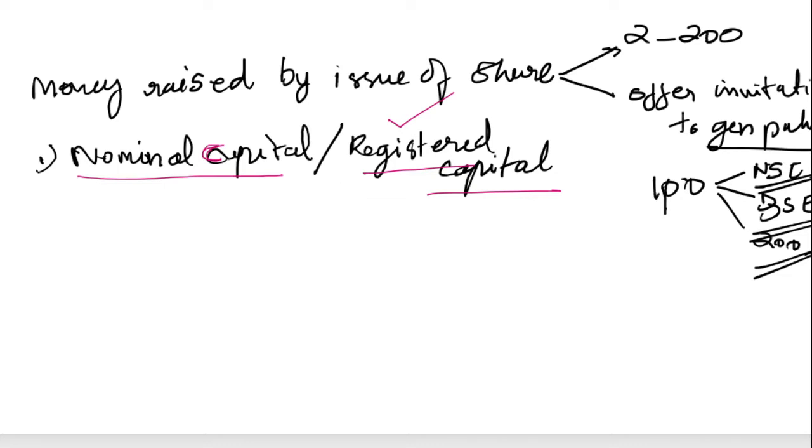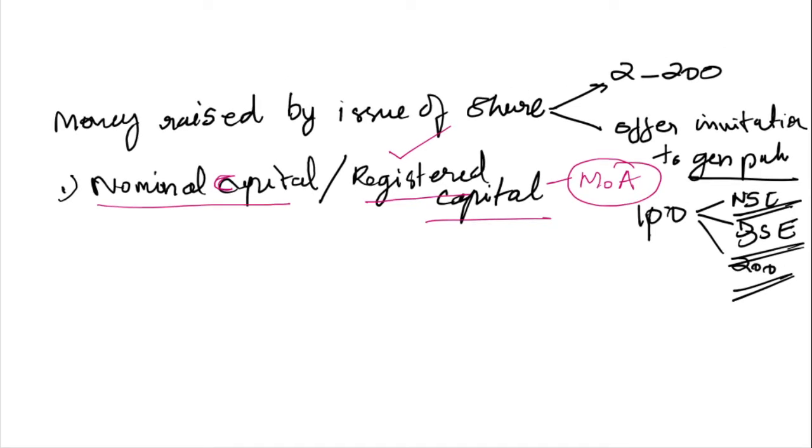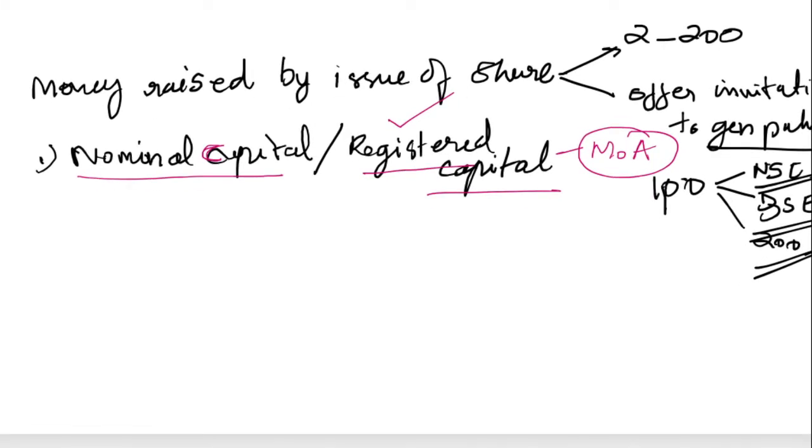So if I am mentioning all those things in the memorandum of association, then it is restricted. The invitation to subscribe the shares is restricted. Very good question. Please ask these kinds of questions.